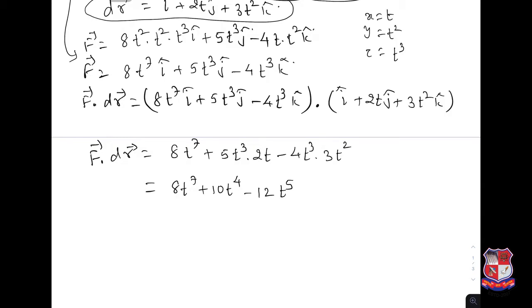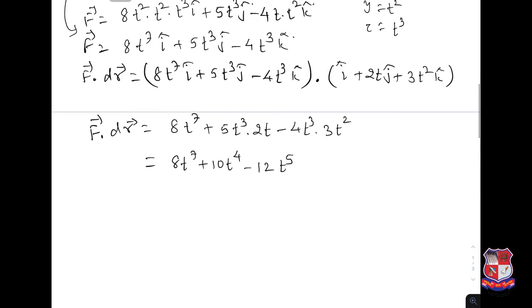So that is f dot dr. So therefore the required line integral, integration along C of f dot dr.